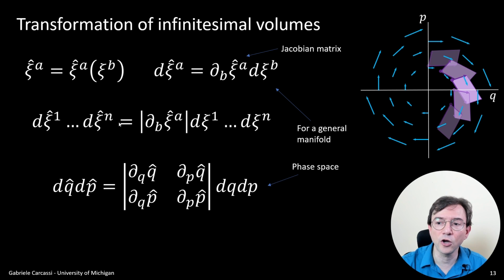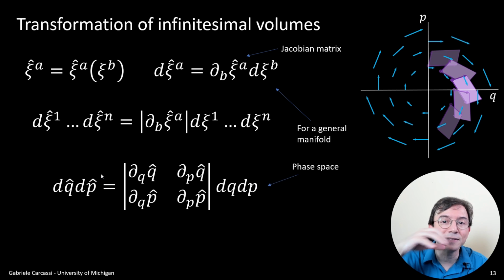And what we're going to look at is how the volume, the product of all the differentials, transforms. And what happens is that the product of all the differentials is the Jacobian determinant multiplied by the volume in the old coordinates.